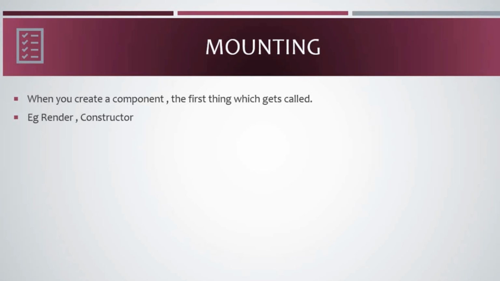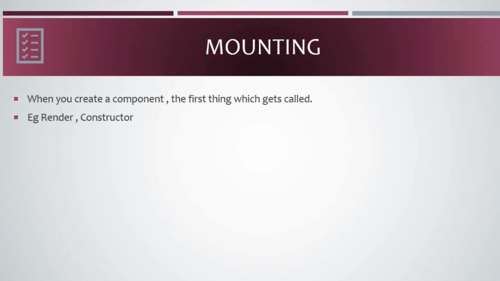But as for the order I am discussing, the ranking in the sense of which would be called first: if both the constructor and getDerivedStateFromProps are there, the first thing that would be called is the constructor, then getDerivedStateFromProps would be called, then the next one, like that.